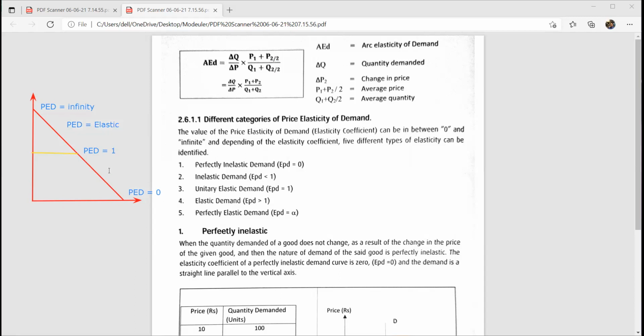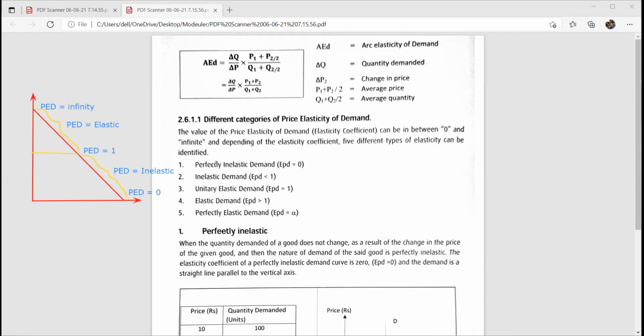The range over here, inelastic. Right. This is how we calculate or realize the PED. This is the one: elastic, inelastic, midpoint is unitary.